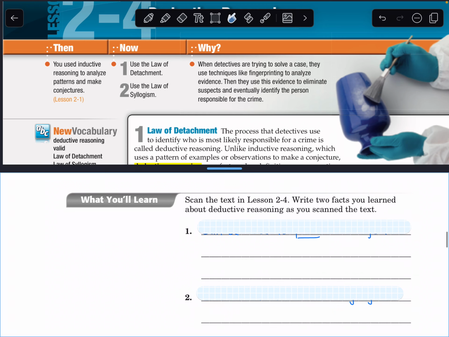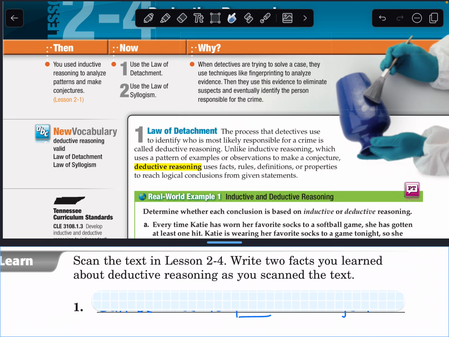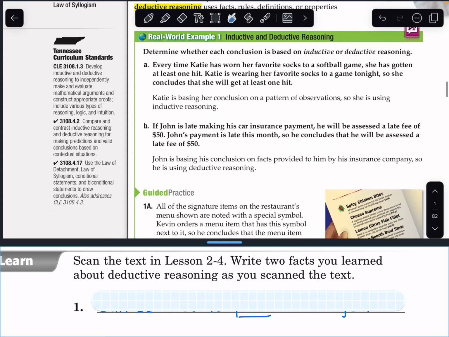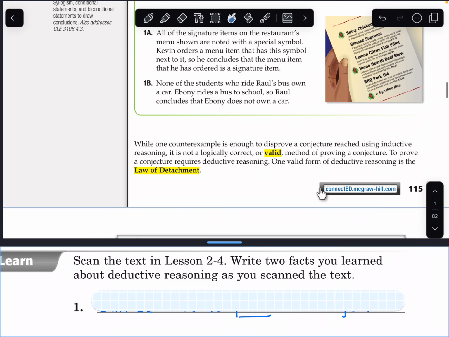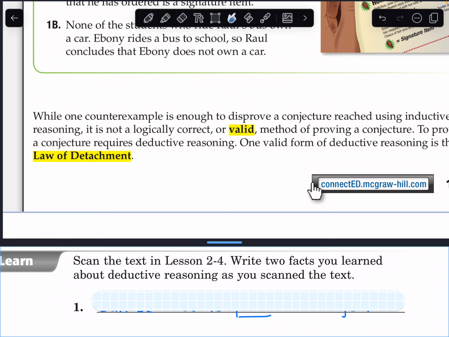First up, going over what we'll learn, let's scan through the text and write down two facts that we learned about deductive reasoning. As I have looked through here, I noticed something down here about something being valid or logically correct.